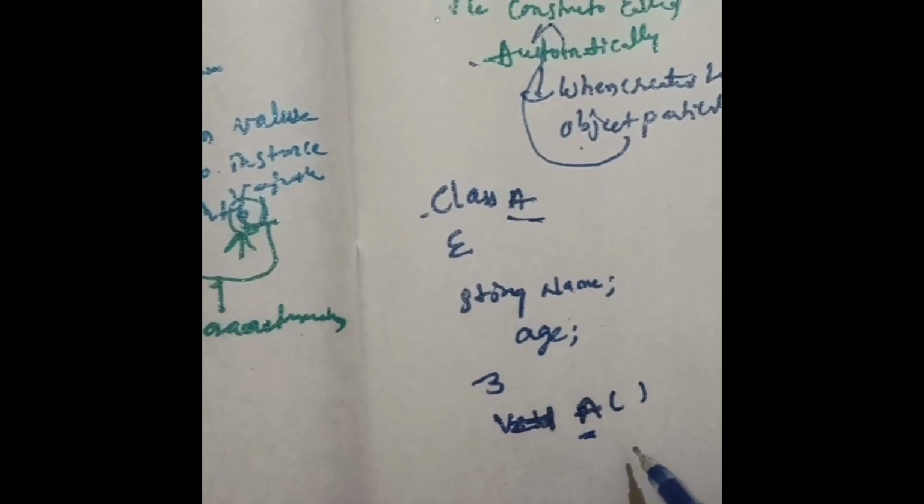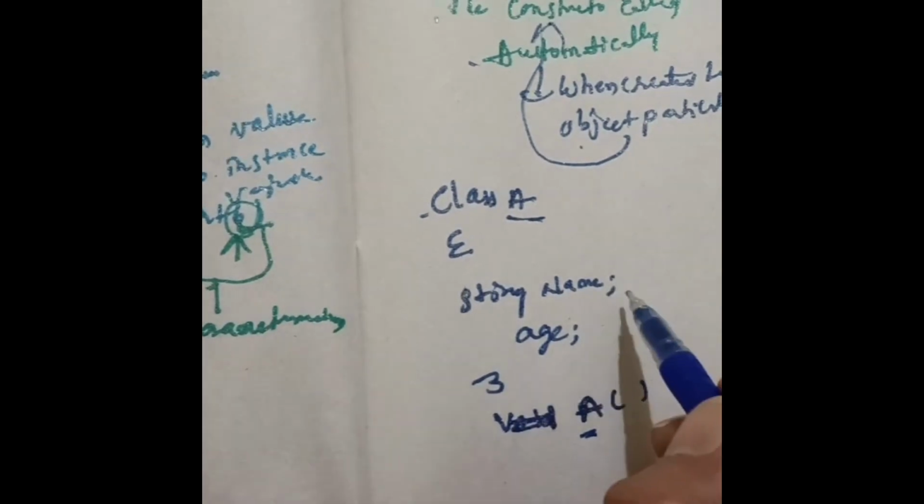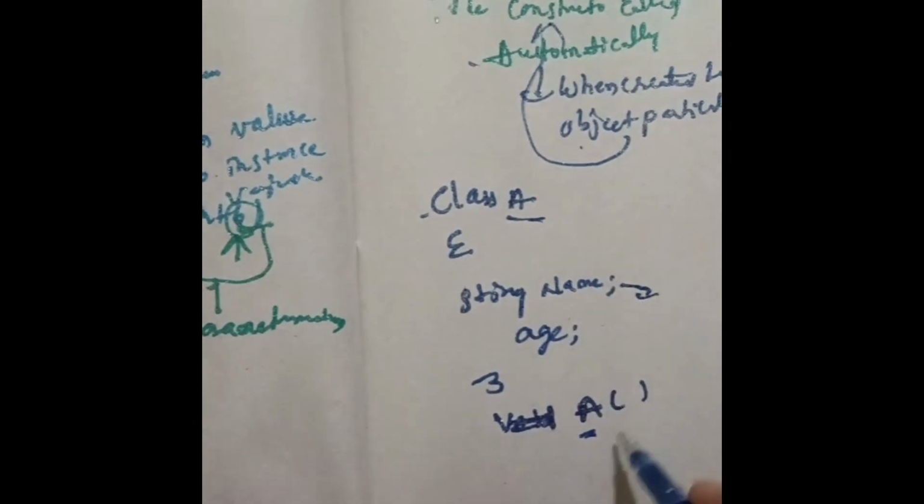What are the instance variables? Name. We assign values to the variables. Name equal to Raju. Next, age equal to 35.